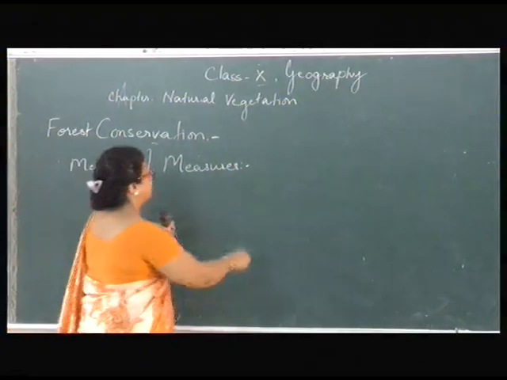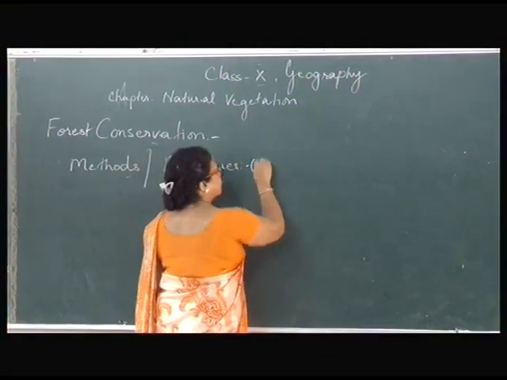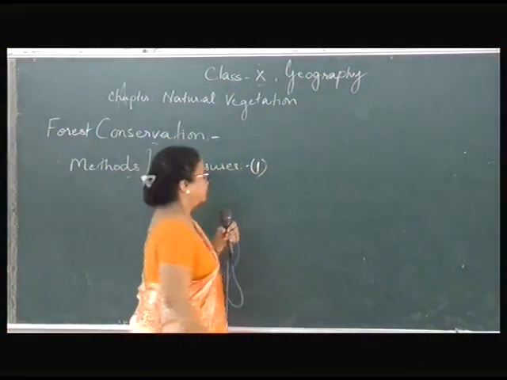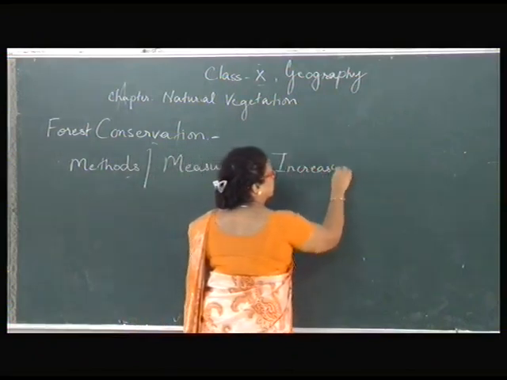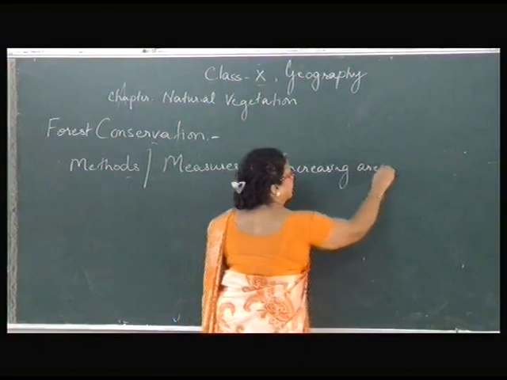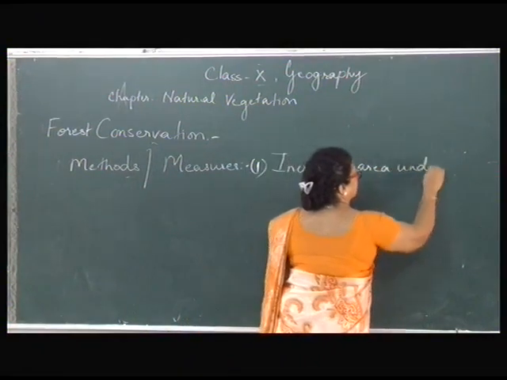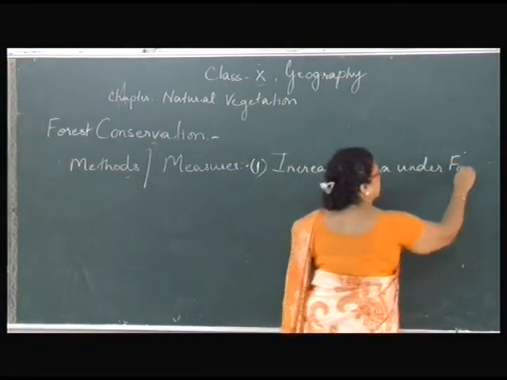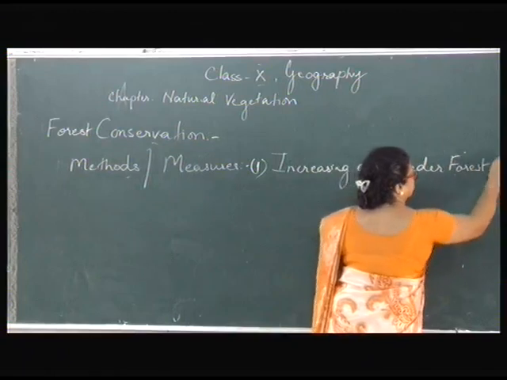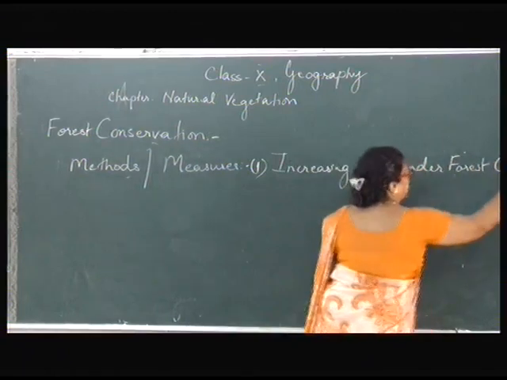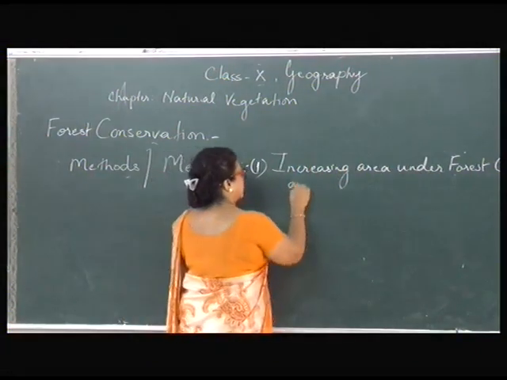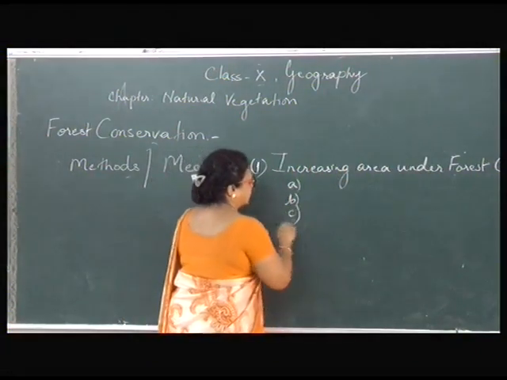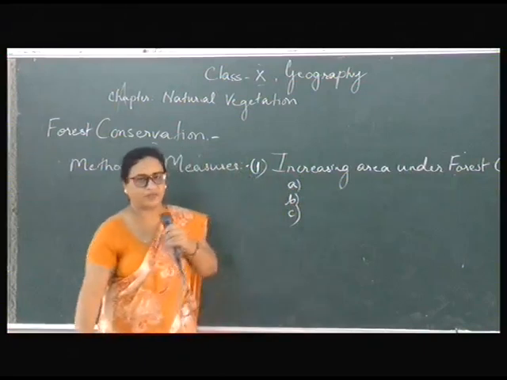First point, which is the most important, increasing area under forest cover. Increasing area under forest cover by 3 methods. Please note down these terms. You get these terms separately for definition.